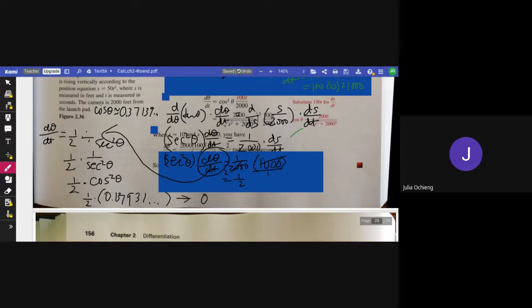And my final answer is going to be 0.069 if I'm rounding to the nearest thousandths place. And it's a rate of change of angle, so it's 0.069 radians per second.